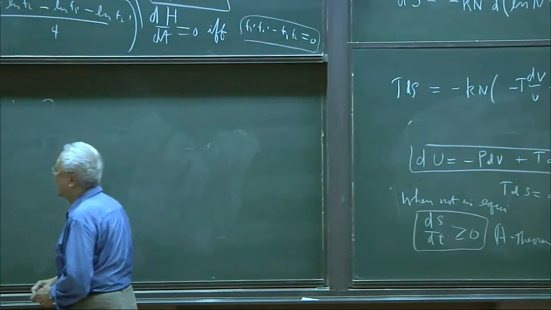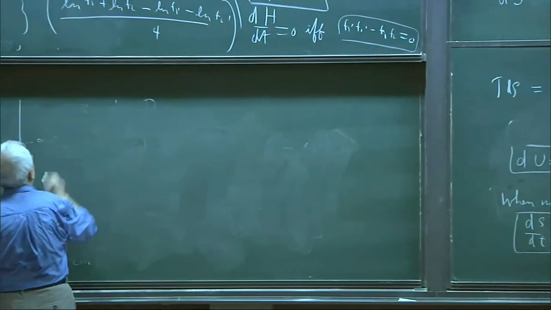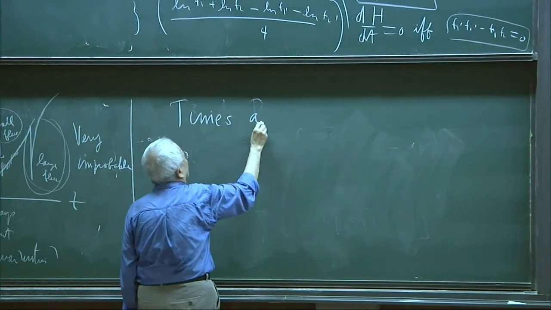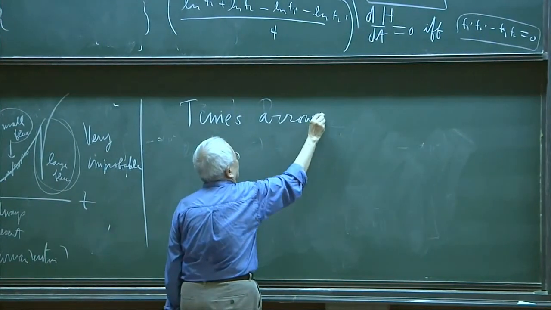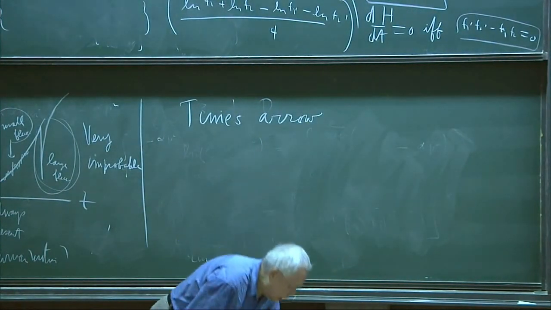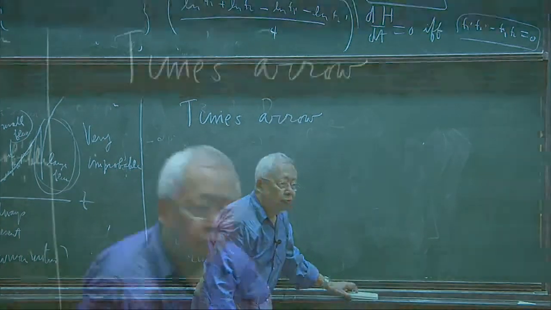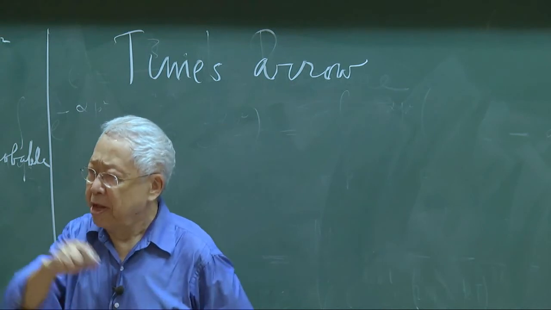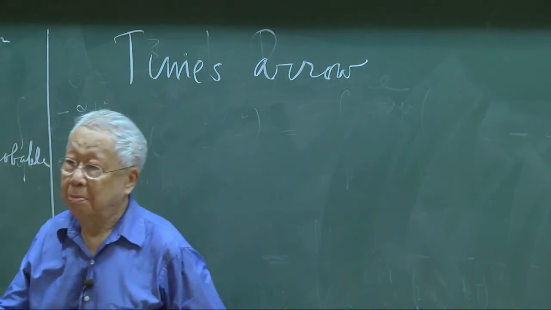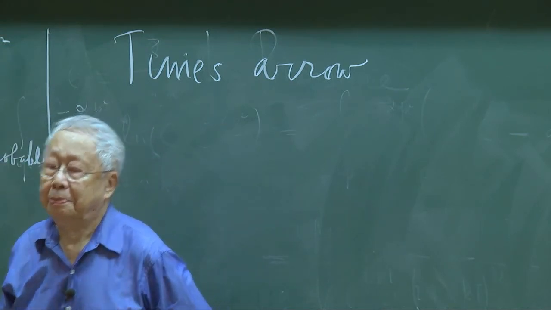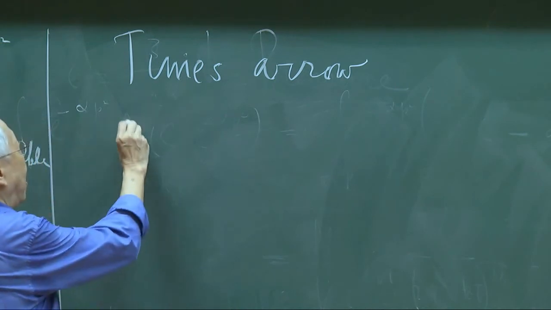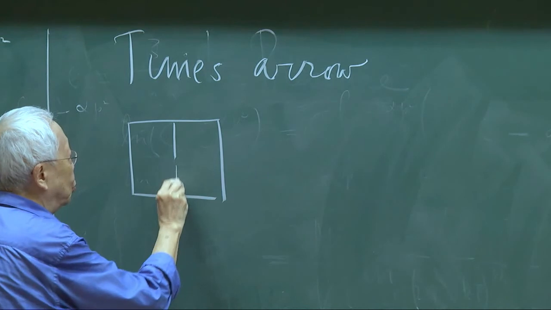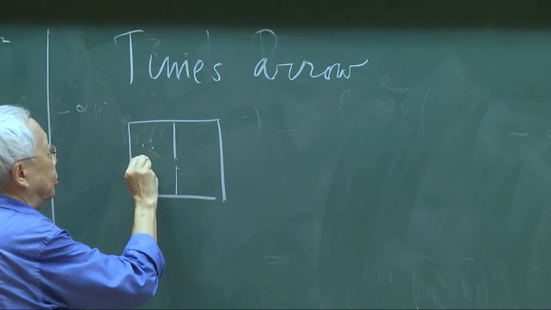Now it comes to the point of time's arrow. Time's arrow could be formulated this way. Suppose I show you a movie, frames, and I ask, can you tell which frame comes first? The movie is following a box divided into two partitions, with a hole. One frame has a lot of gas here.